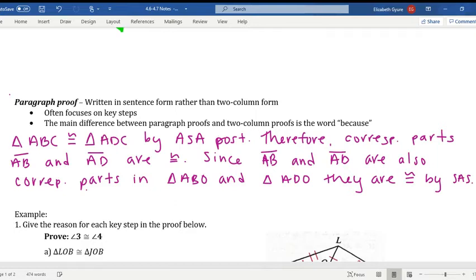Okay, so since segment AB and AD are also corresponding parts in triangles ABO and ADO, they're congruent by side angle side.